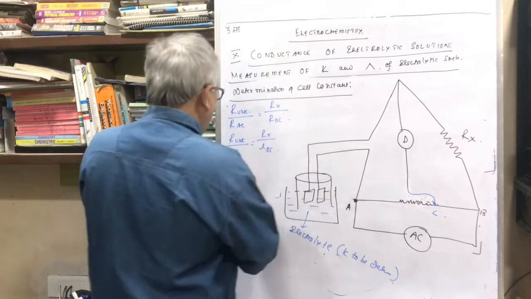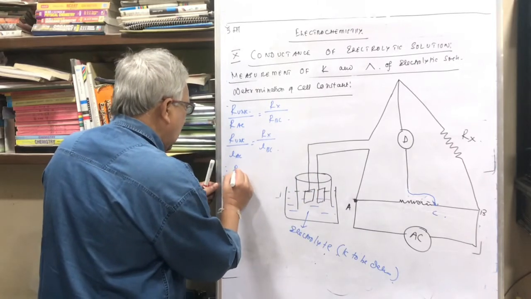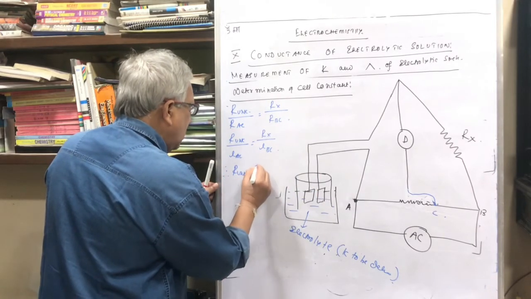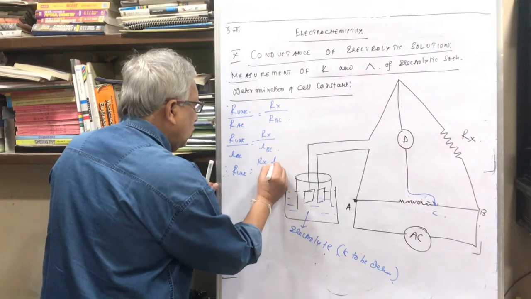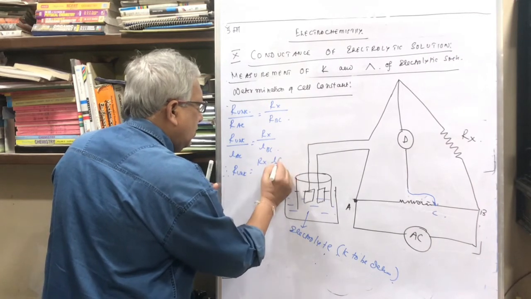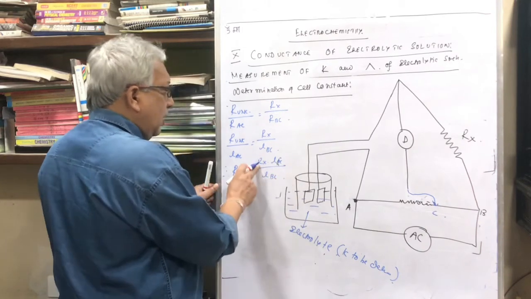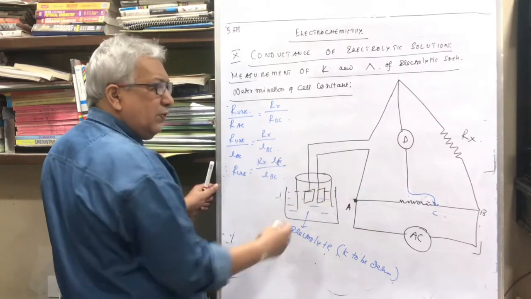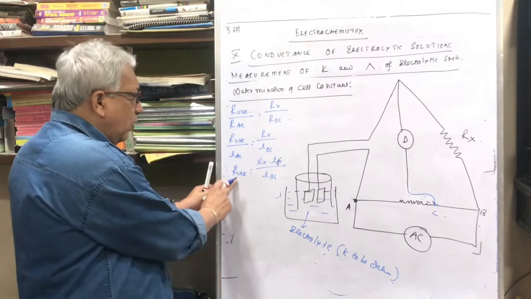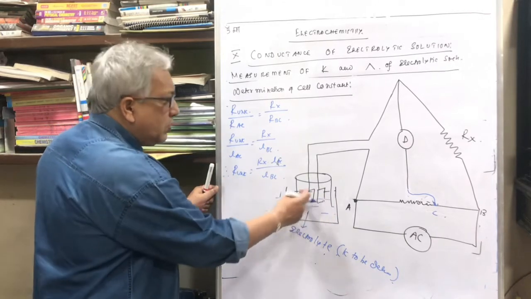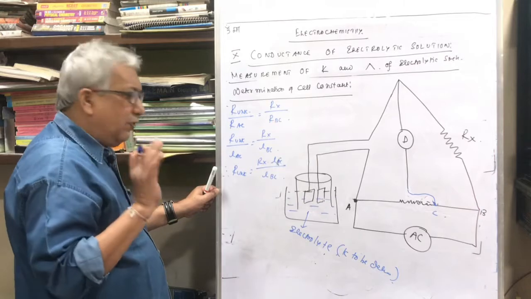Therefore R unknown is equal to Rx into length AC upon length BC. Rx is known, and length AC and length BC have been determined from the experiment. I have found out the unknown resistance of this electrolyte that is filled.